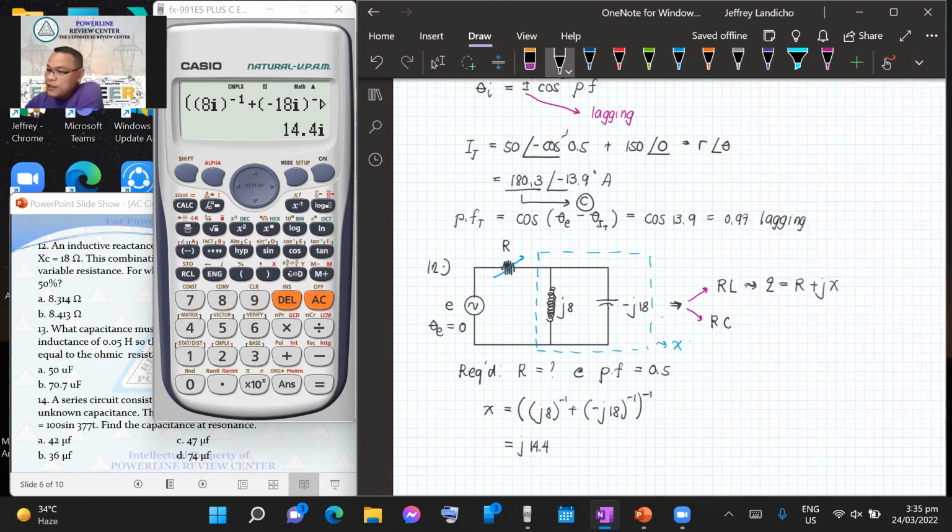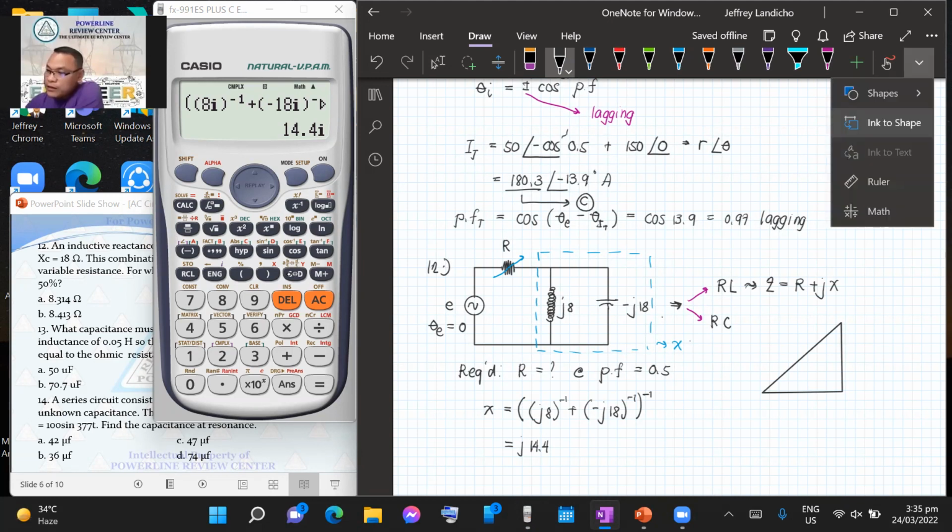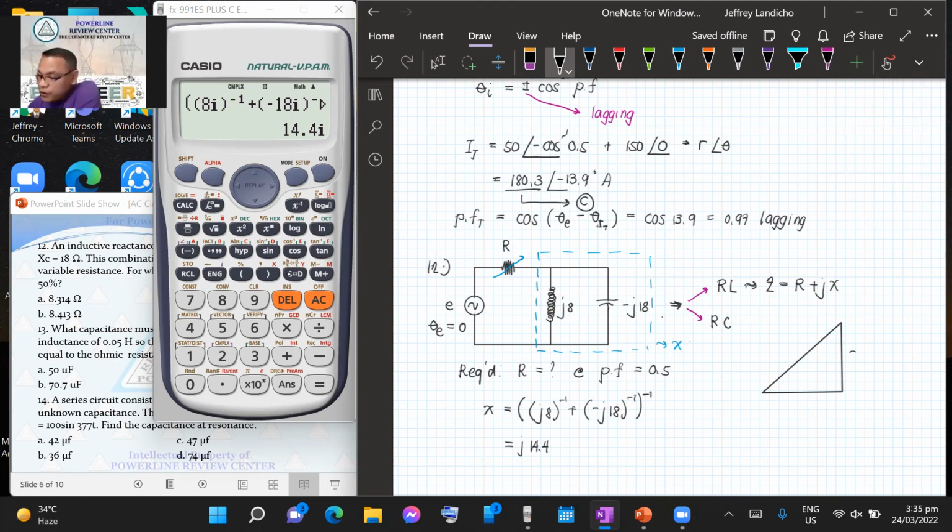Kung babalikan natin yung impedance triangle, right triangle lang ulit tayo. So this would be the magnitude of our net reactance. Ano na-compute natin sa net reactance? Its magnitude 14.4. Hindi natin alam kung ano resistance. You have the impedance. Now, anong angle ito?